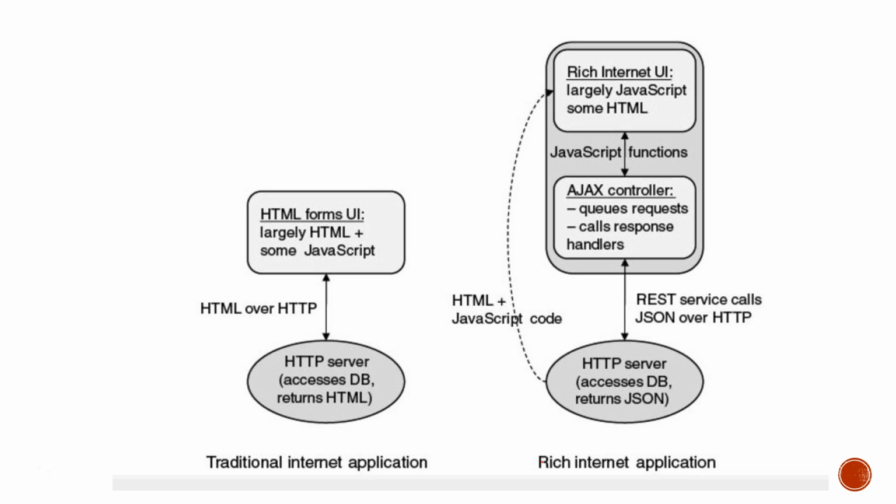Here is an example of AJAX, or a diagram rather, that shows you a traditional plain old internet application on this side, and a rich internet application on the other side.